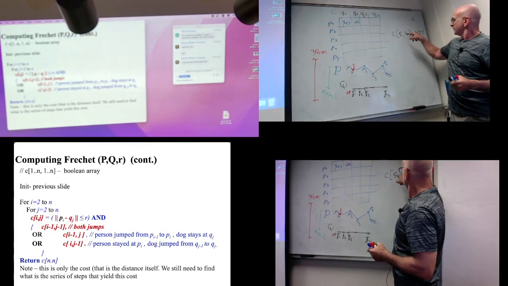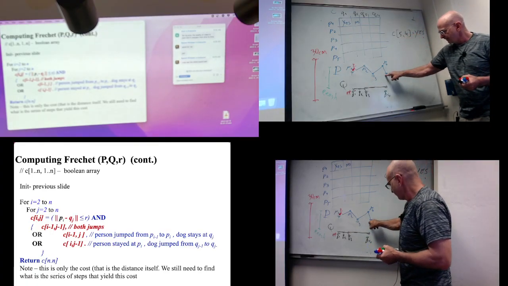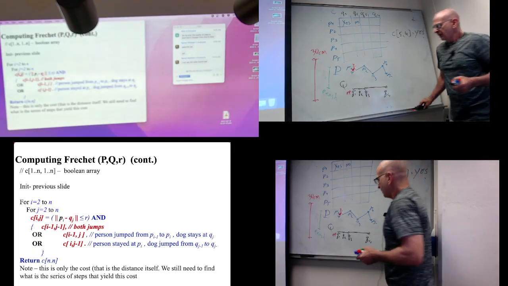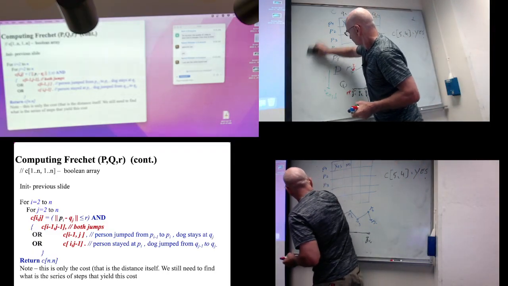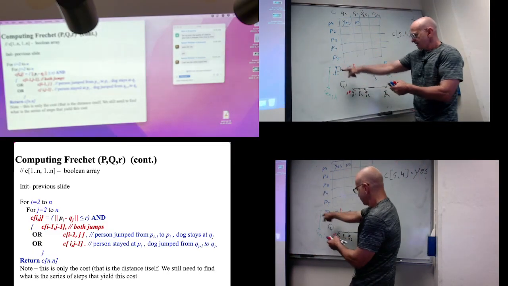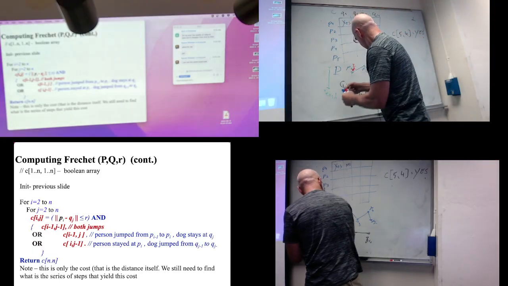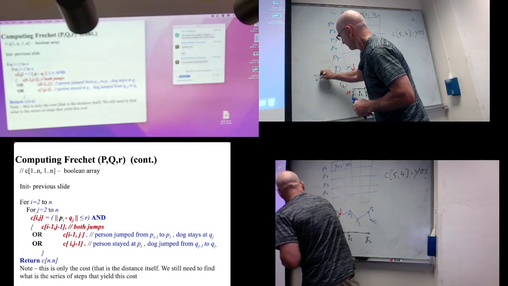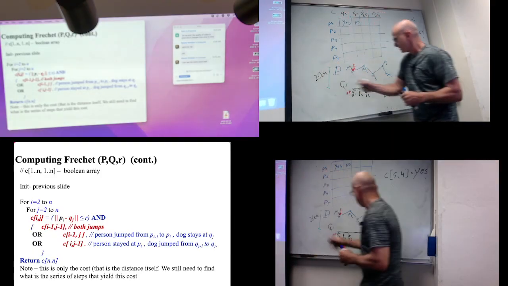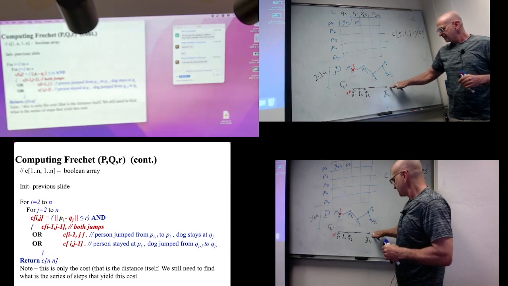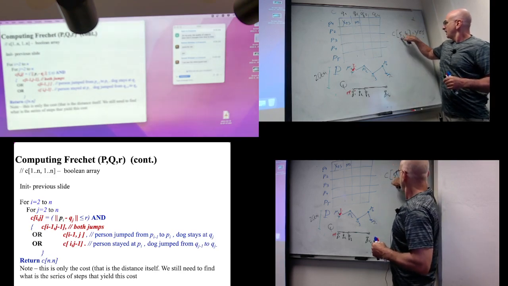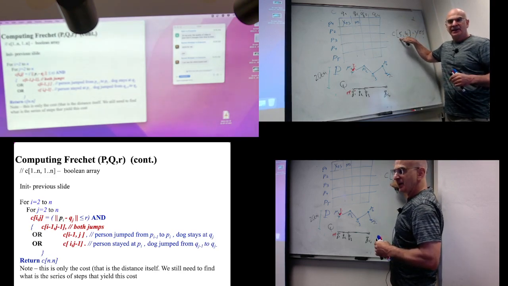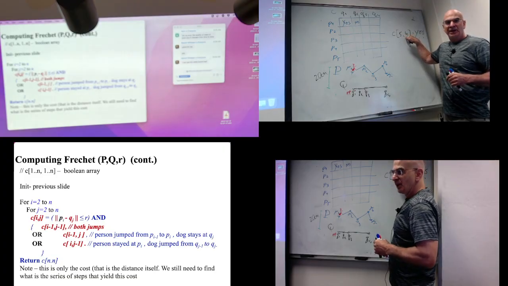I'm looking at P5, I'm looking at Q4. Right now, this is the length of my leash. Let's say 20 centimeters. I'm asking is the distance, since they must end at Pi, Qj.